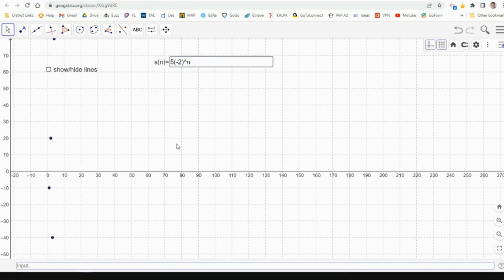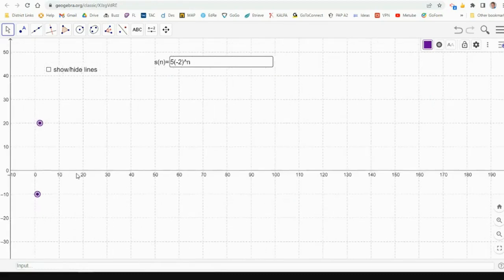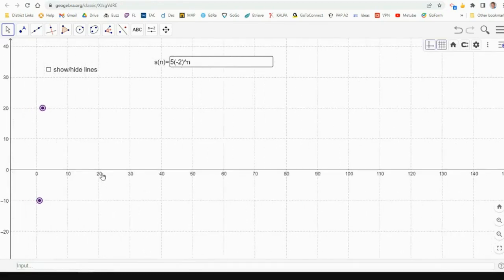Let's graph that. There it is. That fixed our graph.